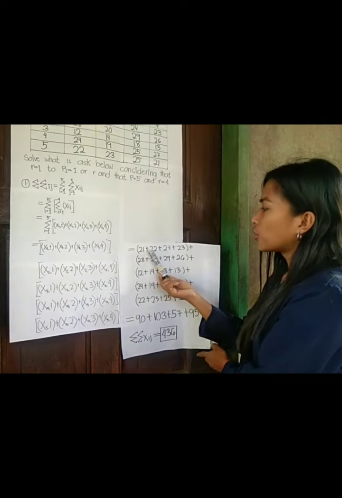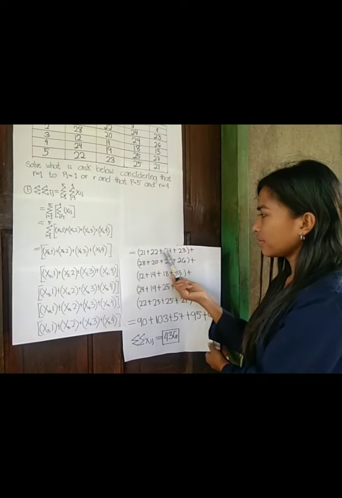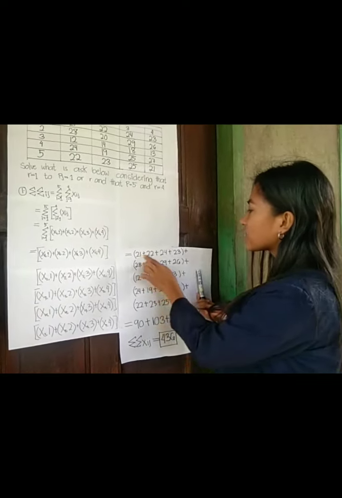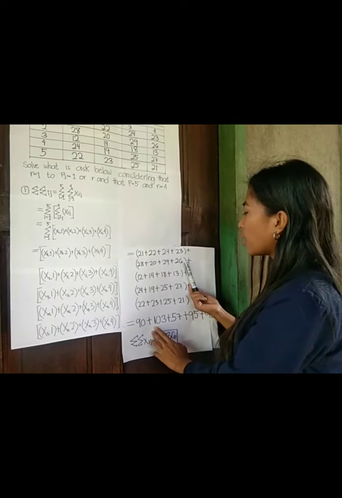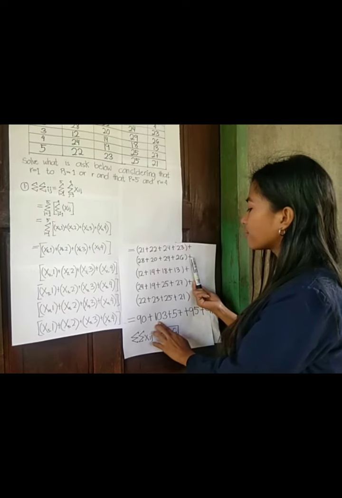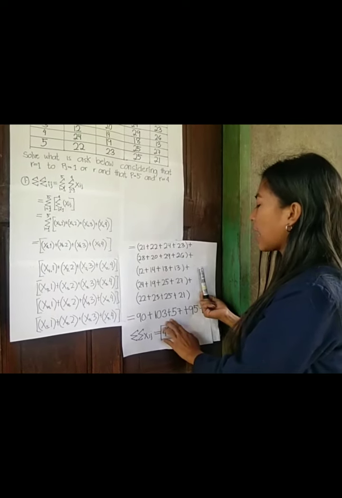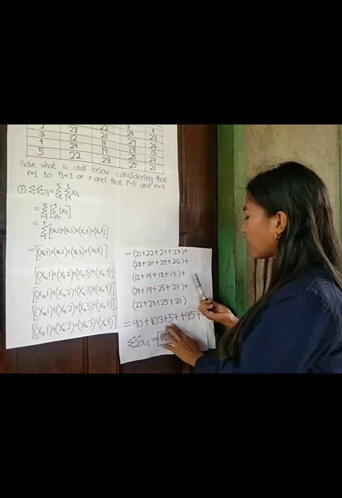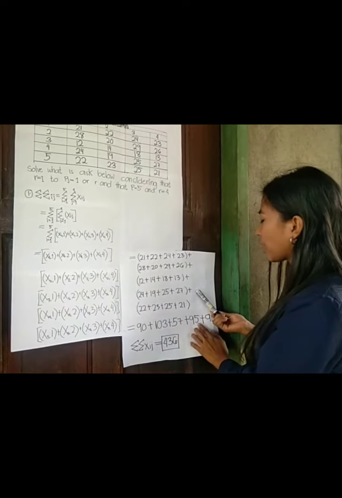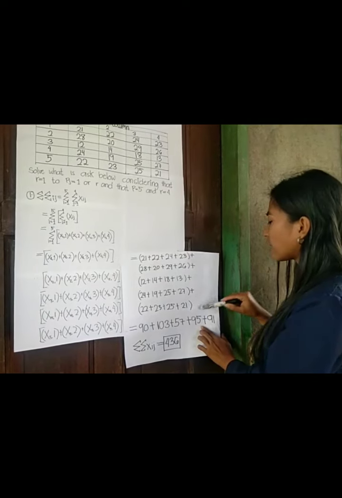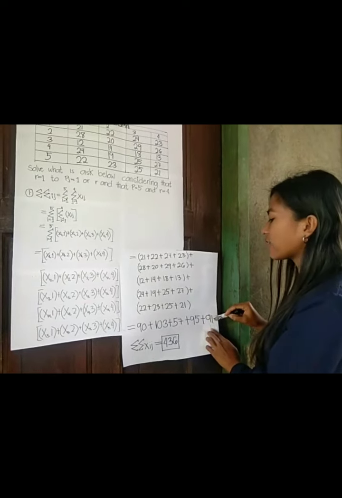So in row 1, adding everything, equals 90. In row 2, we have 103, in row 3 we have 57, then in row 4 we have 95, then in row 5 we have 91.